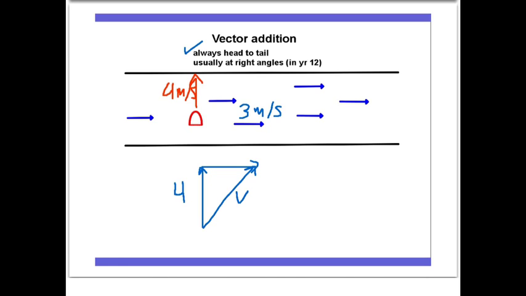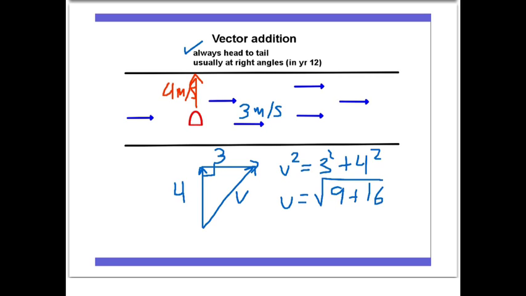So here's the total V, there's 3. Right angle triangle, and so we know by Pythagoras that V squared equals 3 squared plus 4 squared. V is the square root of 9 plus 16, which is 5. You may have recognised that as a Pythagorean triple of 3, 4, 5. So the total velocity is 5 meters per second.